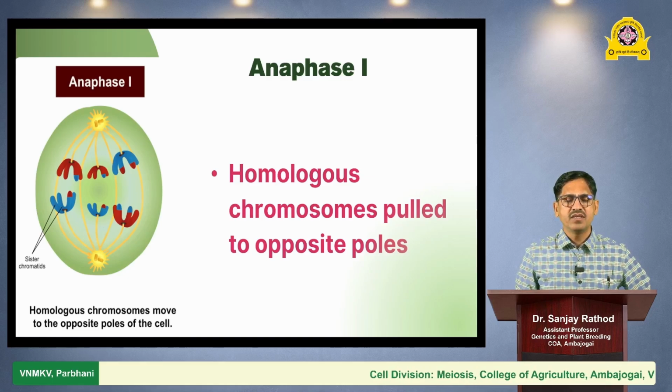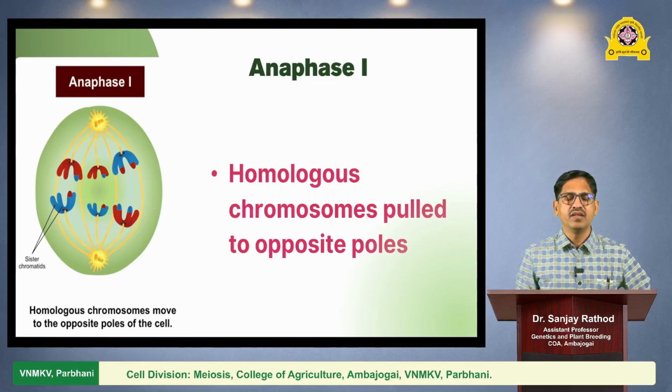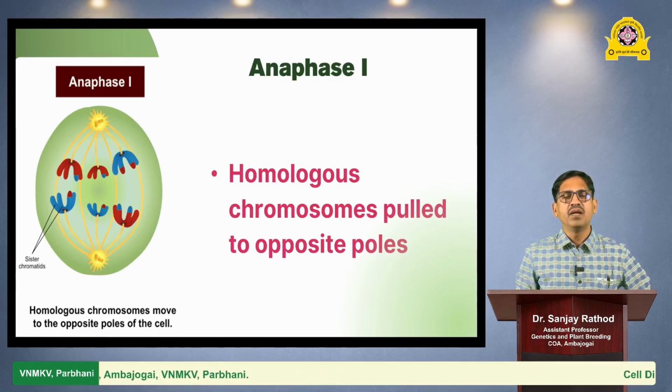After metaphase first, the cell enters anaphase first, where the homologous chromosomes are pulled to opposite poles. Here also you can see the color combination is different. It means the recombinant homologous chromosomes are pulling apart. But in mitosis, what exactly happens?